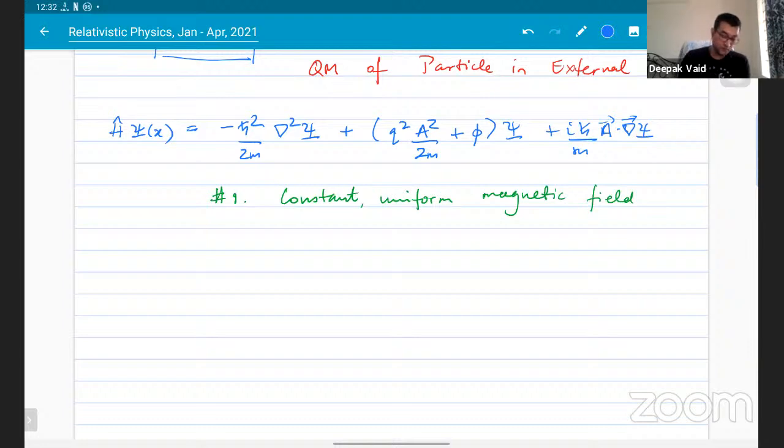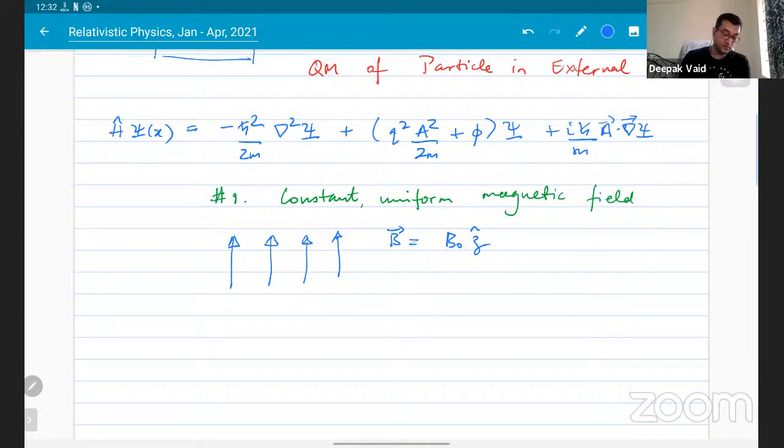So for a uniform constant magnetic field, such as, for instance, let's say your magnetic field is pointing up, in the Z direction. So B is equal to B naught z, right?